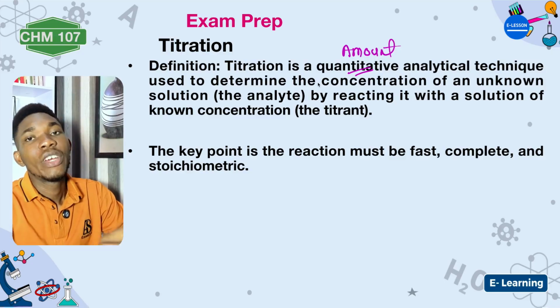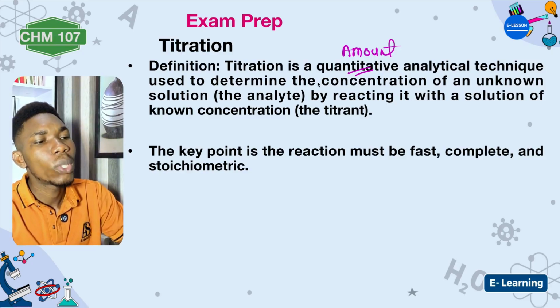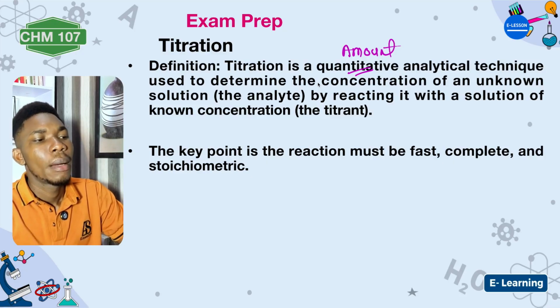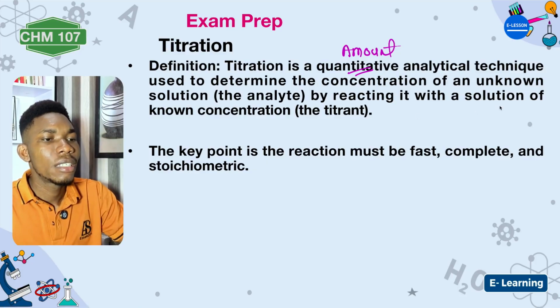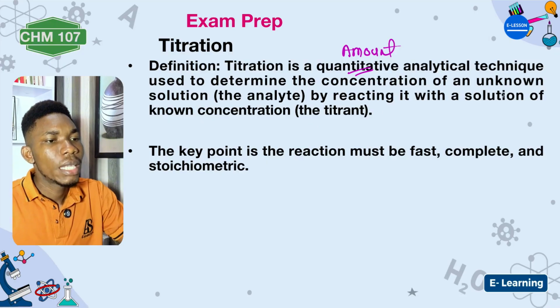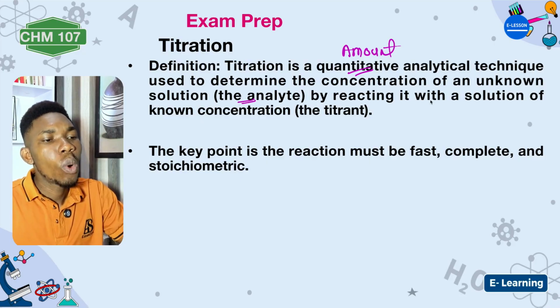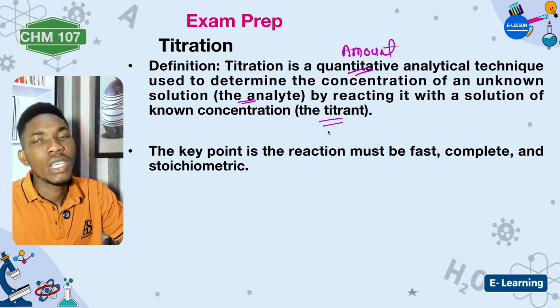All right? Titration is a quantitative analytical technique used to determine the concentration of an unknown solution by reacting it with a solution of known concentration. The unknown solution whose concentration you are looking for is the analyte, while the one of known concentration is the titrant. You should take note.